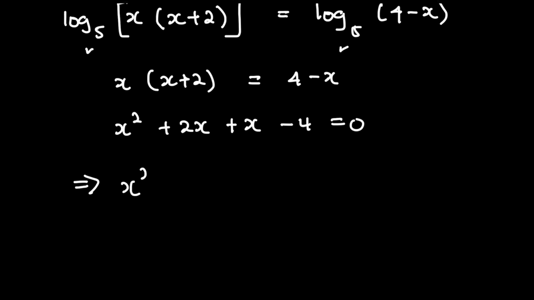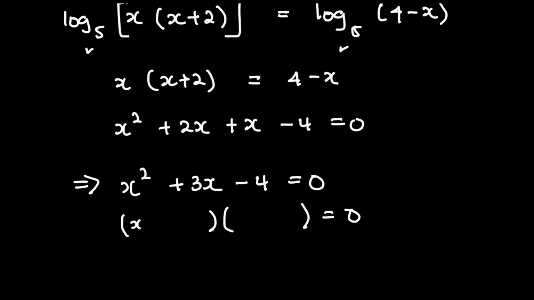So this boils down to x squared, 2x plus x, that is going to be plus 3x, then minus 4 remains unchanged. Now, if you factorize here, remember this is a grade 10 or grade 12 question. We need the factors of 4 such that when you multiply them, you get minus 4, and when you add them, you get 3.